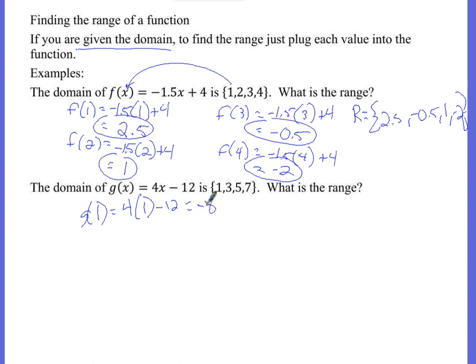Then I'm going to write G of 3 equals what? Minus 12, and what do we get? 0. Then we're going to write what?